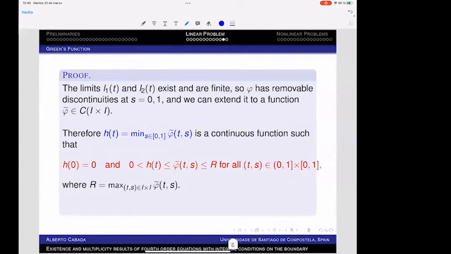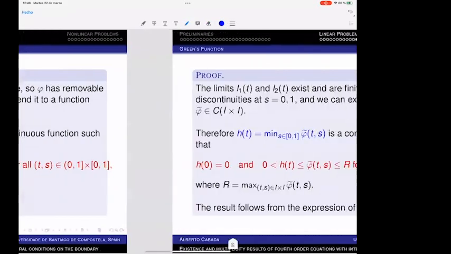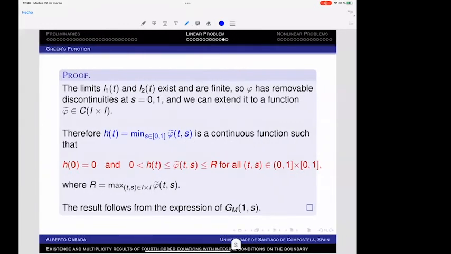So we have a positive function in a compact set, so it has a minimum, which is positive, and so by definition it is greater than 0, right? And of course, since it is continuous, it has a maximum. And so we deduce the expression. Remember that future is just the expression that we like.